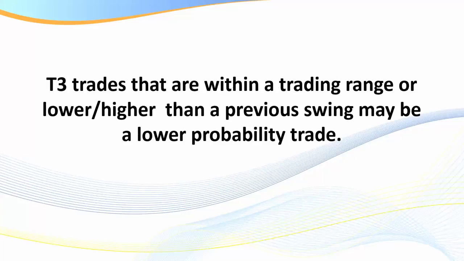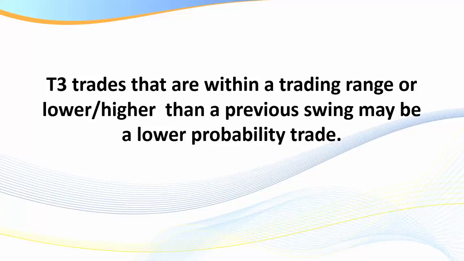T3 trades that are within the trading range. Now, this is something which is really important: if you have a T3 trade within a trading range, so let's just say just before a T3 trade with the trend, say within the last 15 minutes you had a higher high, and then you have a T3 setup that's lower than that previous higher high within a trading range, that is a lower probability trade.